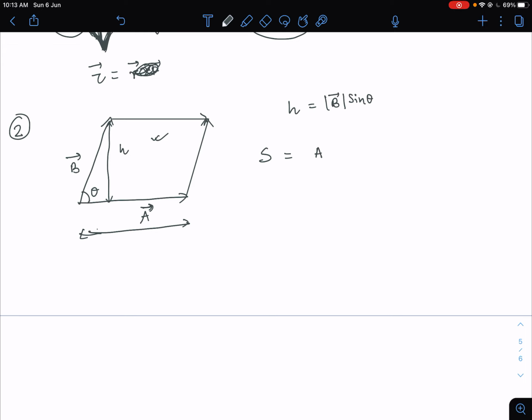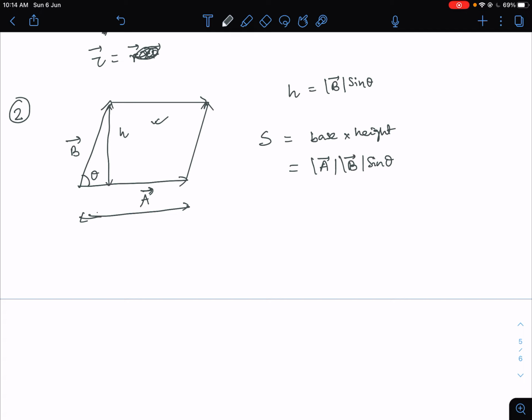So the area is base times height. The base is the magnitude of A and the height is the magnitude of B sine theta.